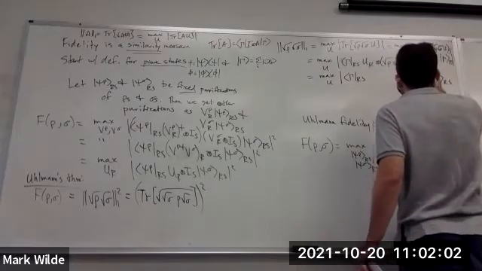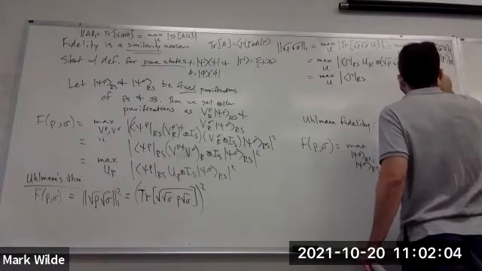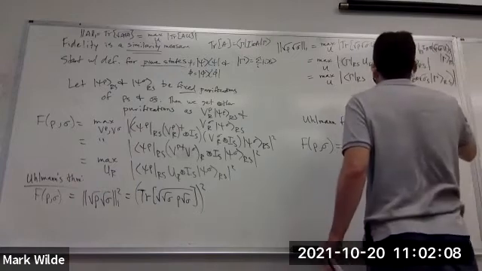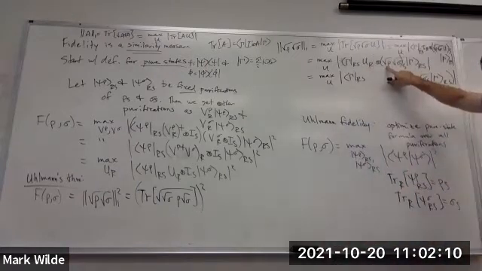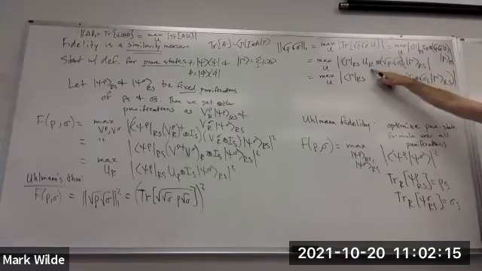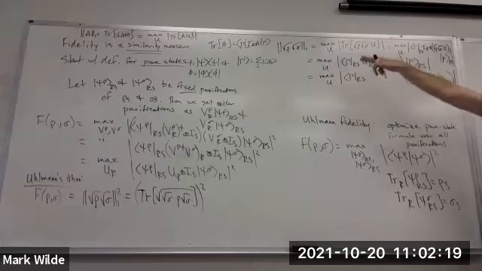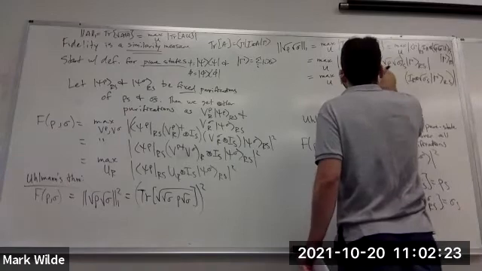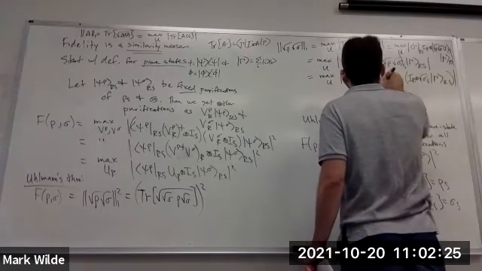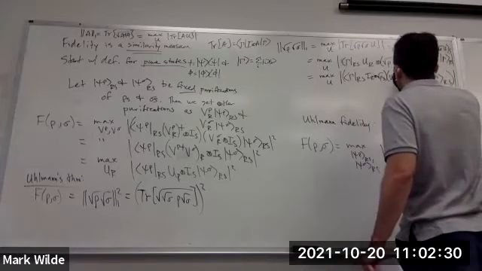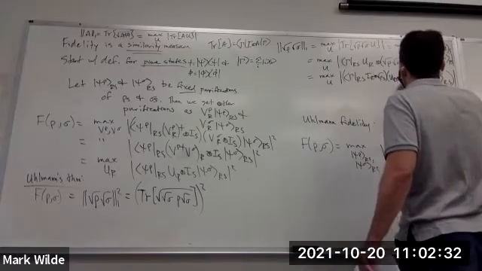Identity on R, root sigma on S. Root rho acting on S commutes with U on R acting on a different system, right? So we can bring it over to the left. And now we have U on R tensor identity on S.